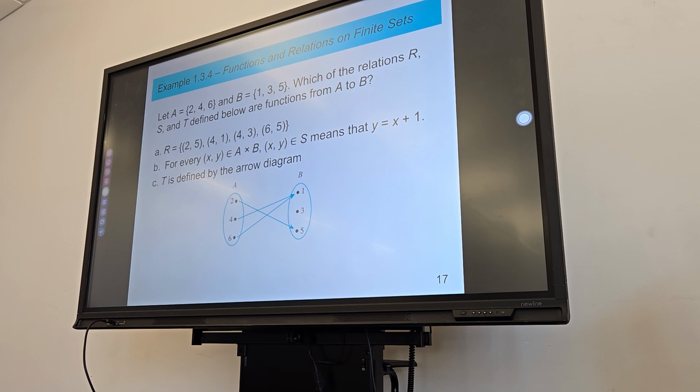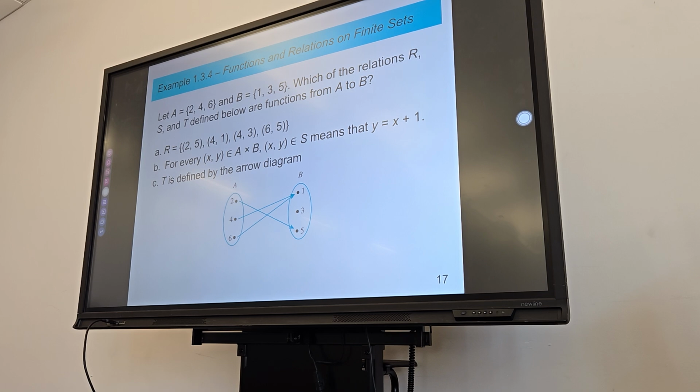So let A equal {2, 4, 6} and B equal {1, 3, 5}. Is R that relation? S is y equals x plus 1, and T is a relation defined by the arrow diagram.